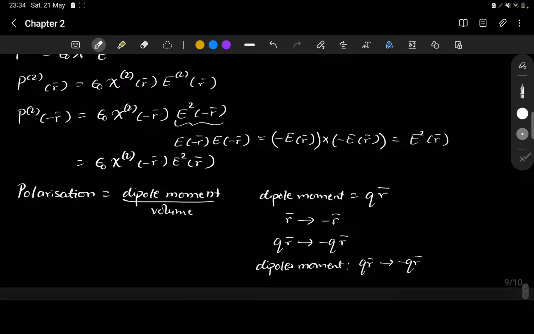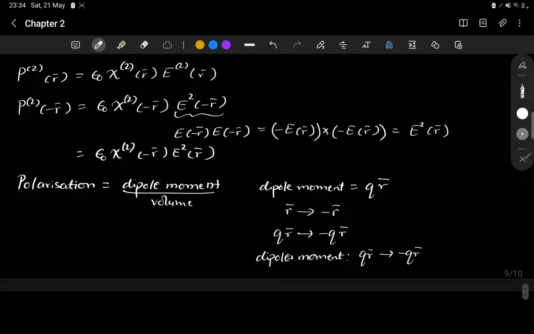So since dipole moment goes to negative under inversion operation, we will have polarization at minus R equal to minus of polarization at R. This is because dipole moment changes sign under inversion.